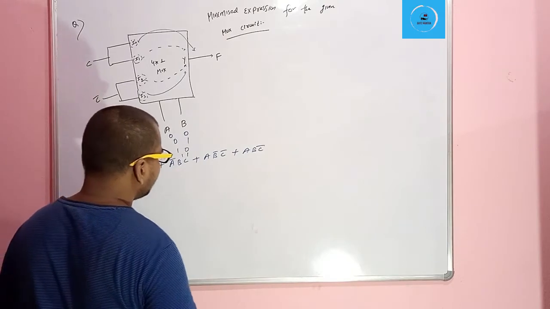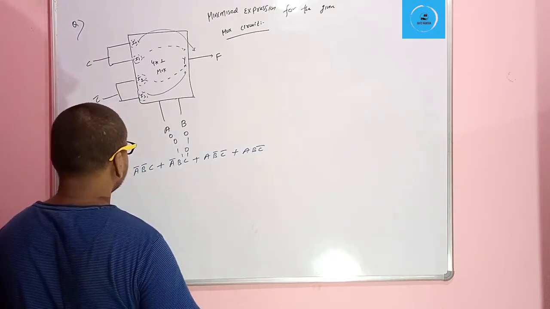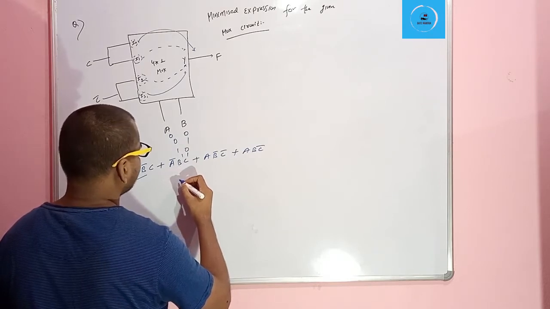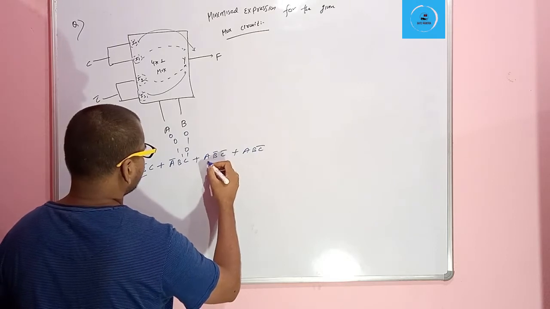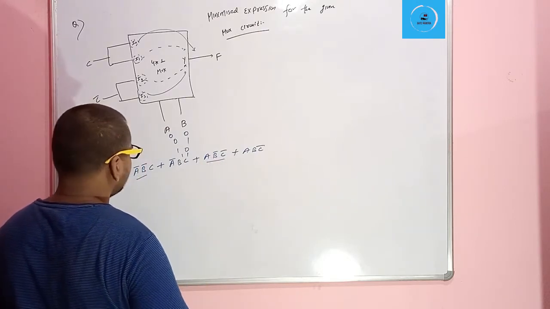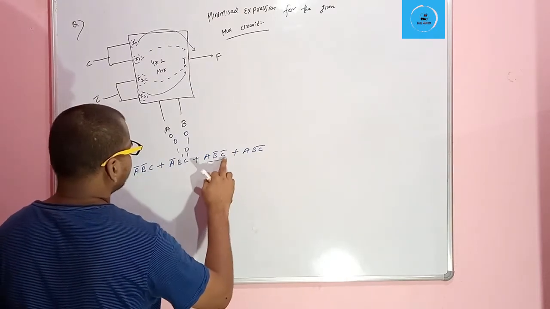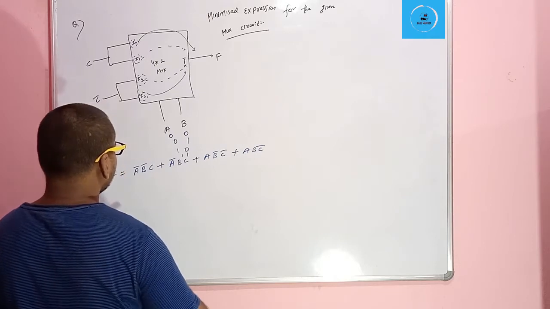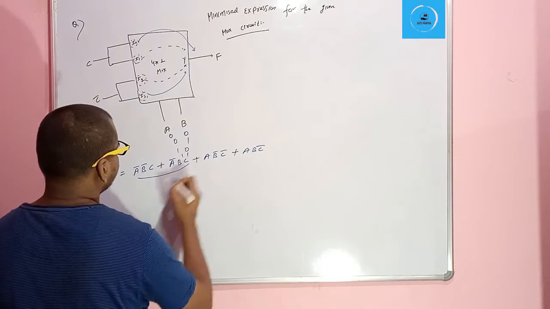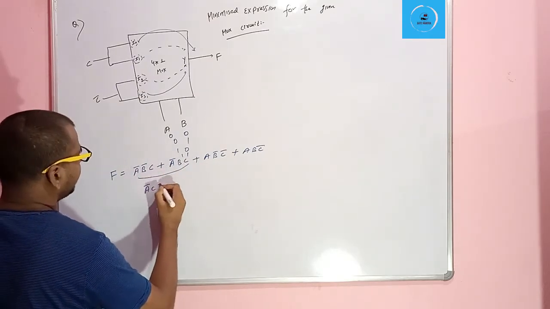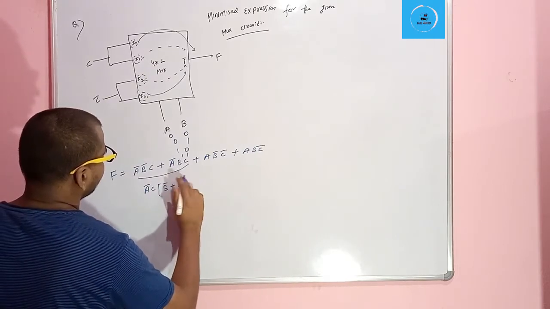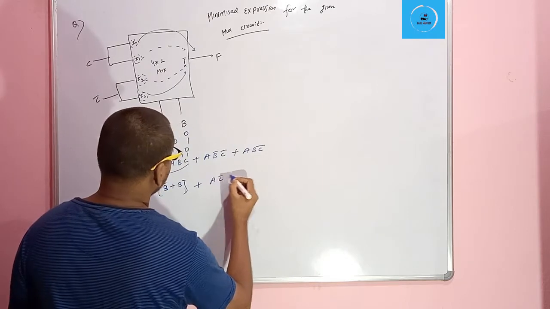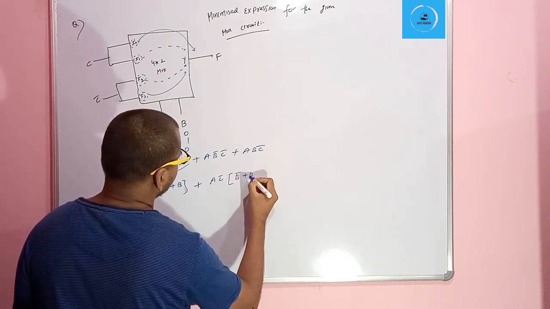For minimizing this, let's see here, we take A bar B bar C and A bar B C. What is common in these two? We take A bar and C common, and we are left with B bar and B. Right, in the other two we take A C bar common, and we are left with B bar and B.